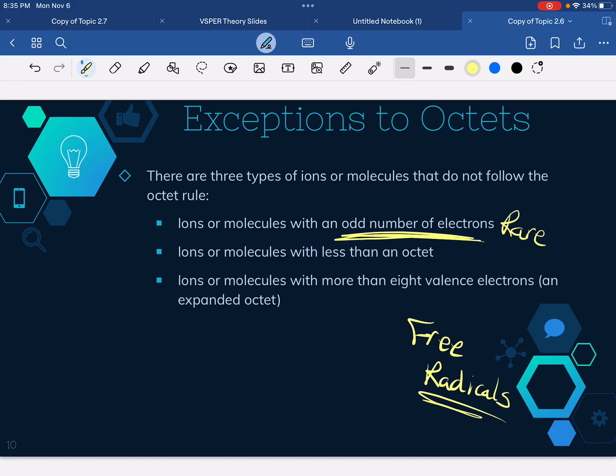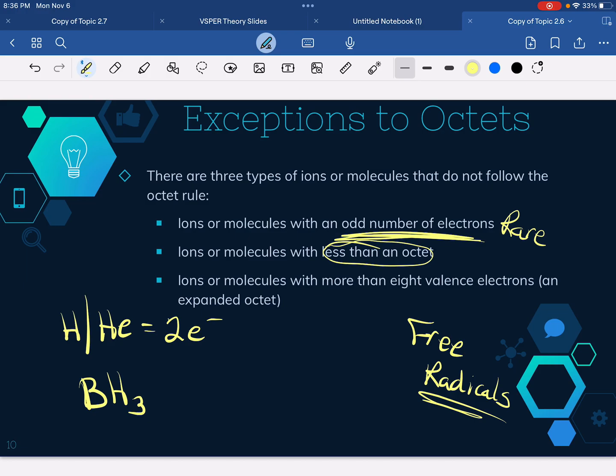Ions or molecules with less than an octet. Okay, you don't see things that have less than an octet that often. Obviously, we know our normal exception of hydrogen and helium, which only need 2 electrons. But you can also see things sometimes like boron. So something like BH3. BH3 has less than an octet. And why? Because it actually will be a Lewis acid base pair with NH3.